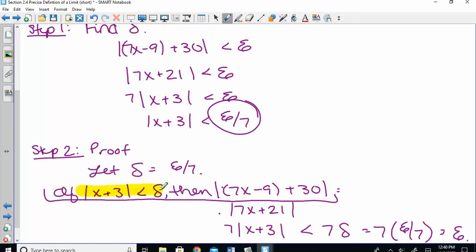We've already stated early in the proof that the absolute value of x plus 3 is less than delta. So, I had an absolute value of x plus 3 here. So I said that has to be less than 7 delta. The 7 because there was a 7 in front of this absolute value.